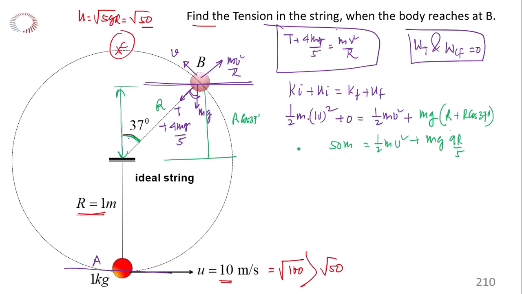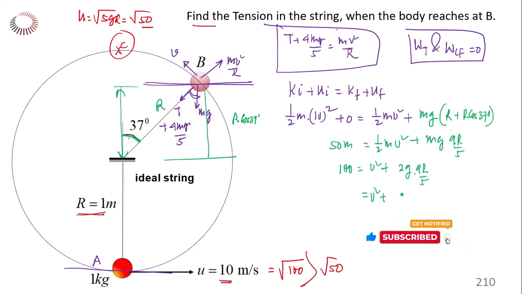So cancel all the m and multiply by 2. So I am getting 100 equals v square plus 2g into 9r by 5. Now r is 1. So 2g means 20 into 9 means 180. 180 by 5 means 36.